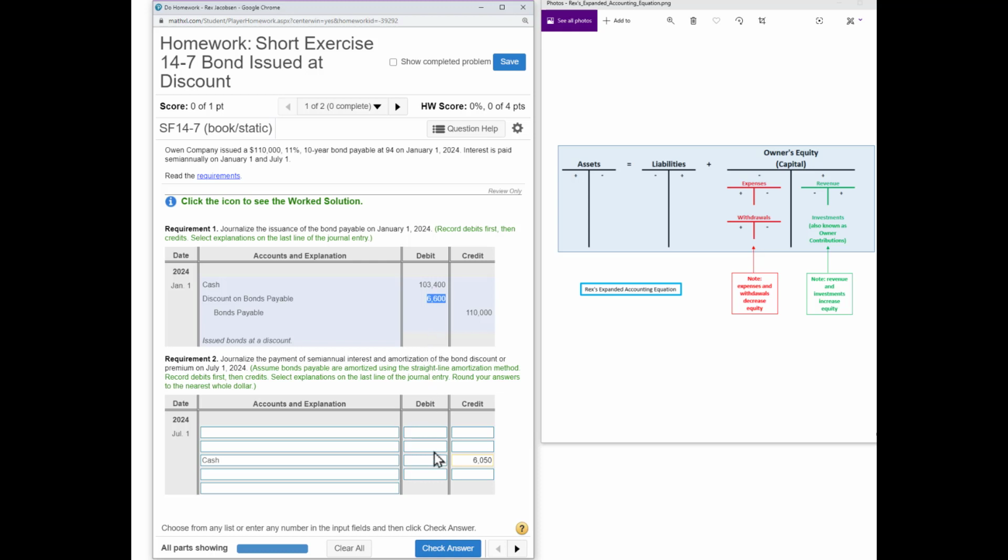And every time we record our bond interest payment, we're going to amortize this. Remember, amortize just means to reduce it or spread it out over 10 years, and then over the twice-a-year payment.